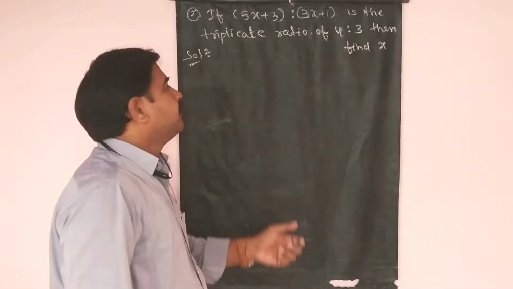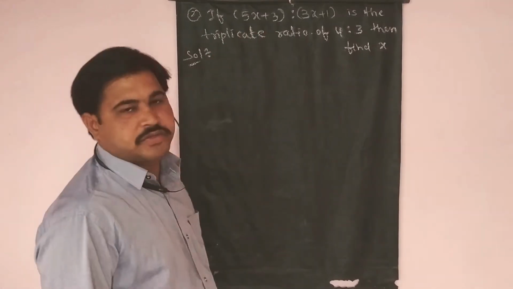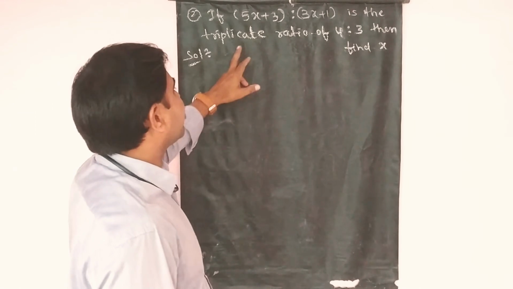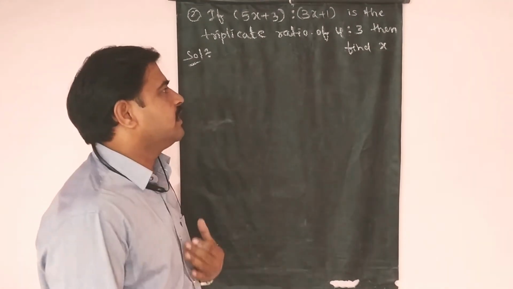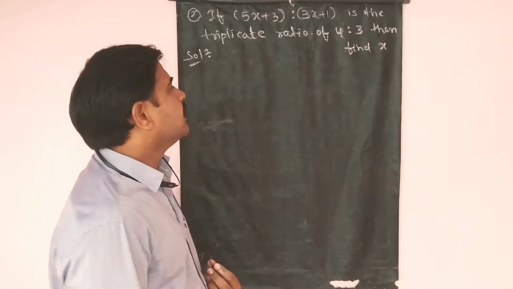If 5x plus 3 ratio 3x plus 1 is the triplicate ratio of 4 ratio 3, then find the x value.